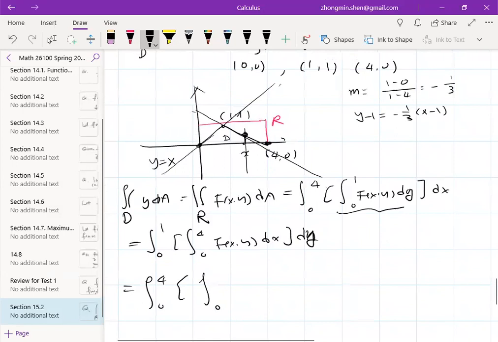The equation is y equals negative 1/3 times x minus 1, plus 1. And over that interval, the capital Fx matches with the y value, right? So it's y dy and dx.